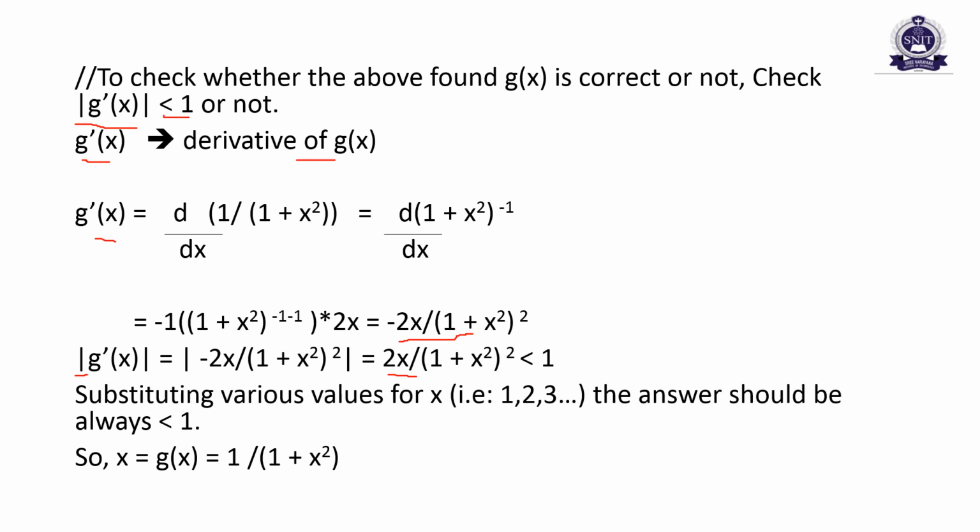Now substitute various values for x, that is 1, 2, 3, etc. Just try. You can understand that the answers which you get will always be less than 1. That means the g(x) which we got is correct. So g(x) is equal to 1 by 1 plus x square.